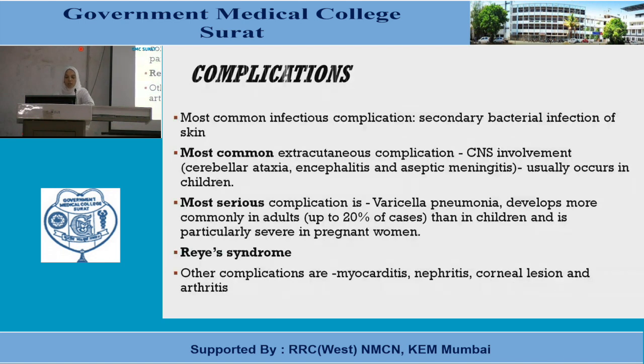The most serious complication is varicella pneumonia, which develops more commonly in adults, maybe around 20% of cases, than in children, and these severe cases are seen in pregnant women. It can even cause Reye syndrome, again an MCQ for you. Other complications are myocarditis, nephritis, corneal lesions, and arthritis.